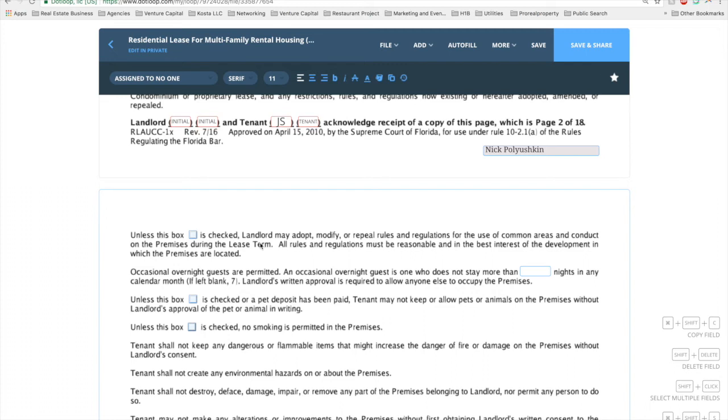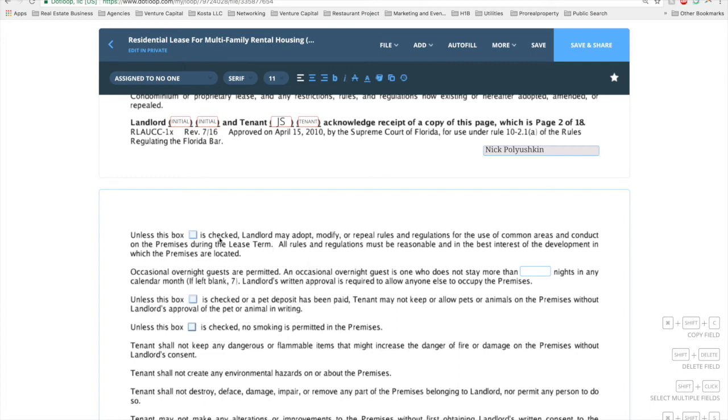So this is something to talk with the landlord about, but in case of condominiums, we would leave it unchecked, because the condominium association can change the regulations for the use of common areas, or certain associations will have certain requirements, or they impose new rules and regulations.